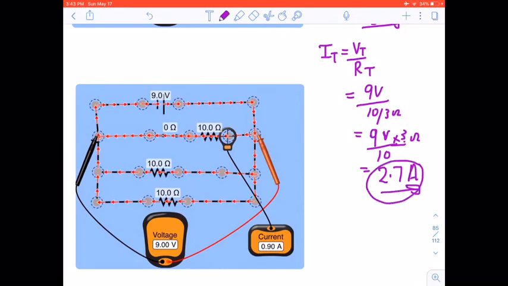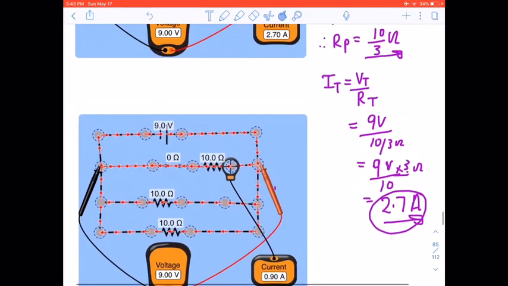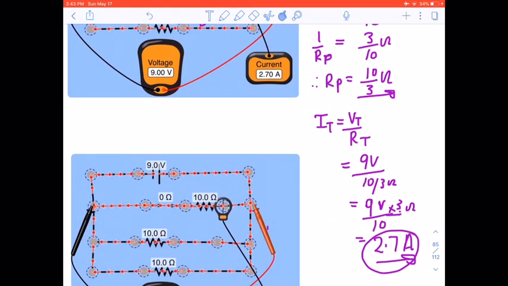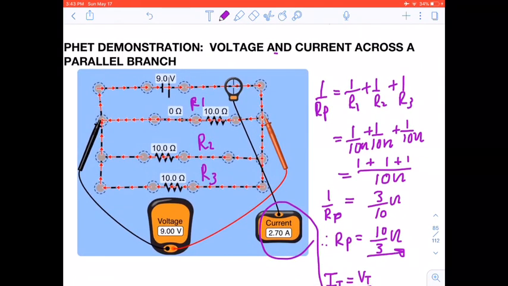And as you can see, that is what we have here, right? That gives us an indication that that's the circuit current. So if we look at this, the circuit current is 2.7 amps, whether that ammeter was placed here or whether it's placed there, right?